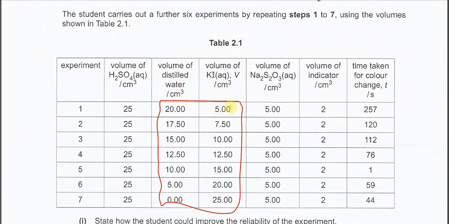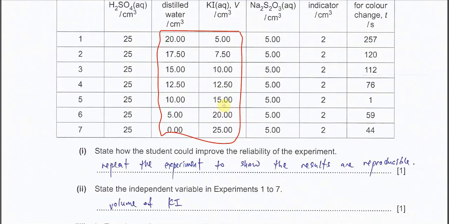The volume of the KI is the one that is changing. So the volume of KI can represent the concentration of the iodide. More volume, then the concentration is higher. Okay, so now let's move on.